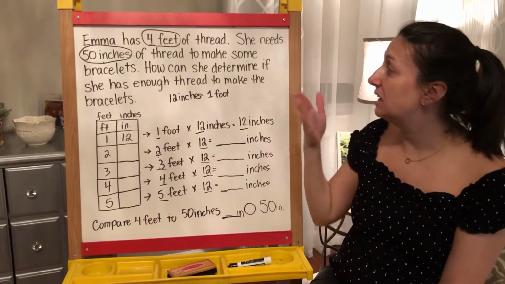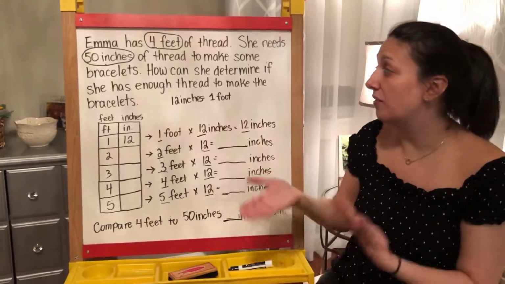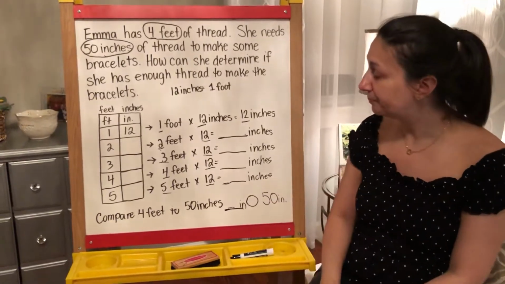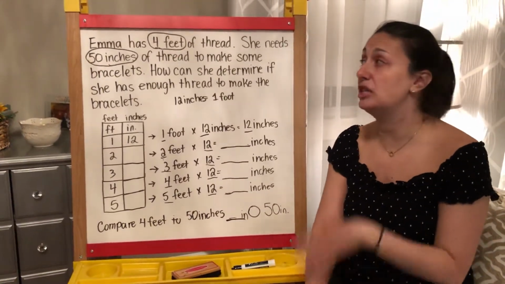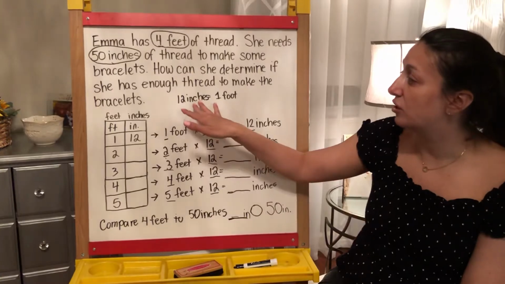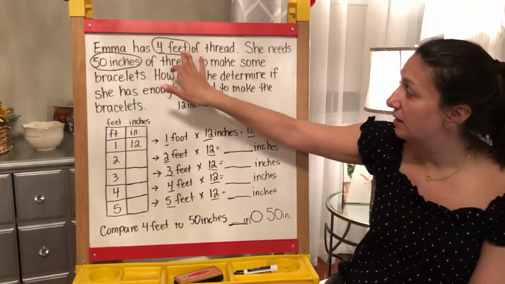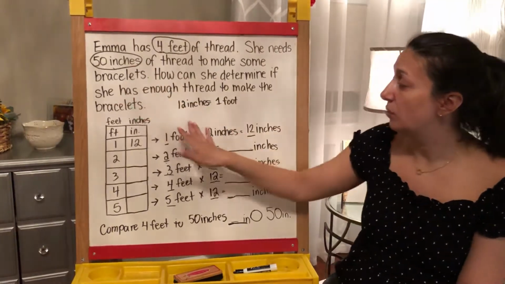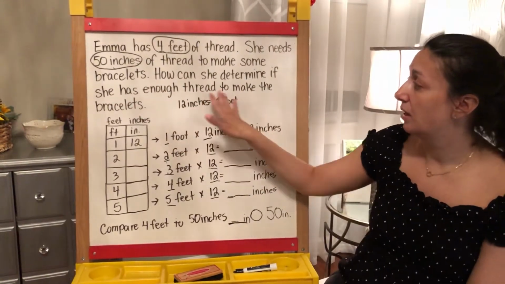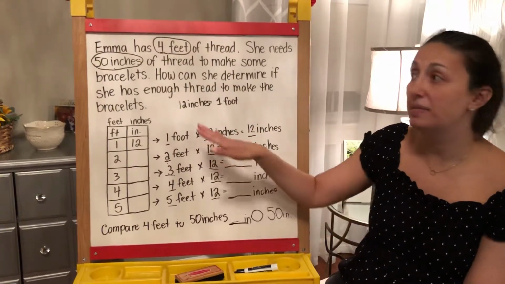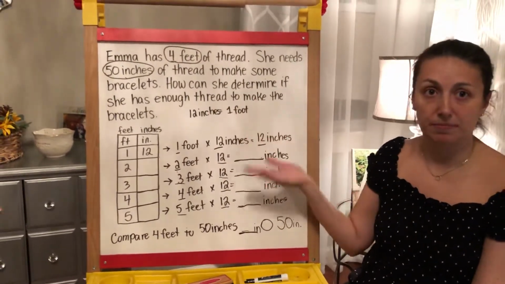So she needs to determine if she has enough thread to make some bracelets. How many bracelets can she make? One important thing that she needs to know is that there are 12 inches in 1 foot. So if she has 4 feet, she needs 50 inches. We need to use this measurement to figure out how many units she can make.